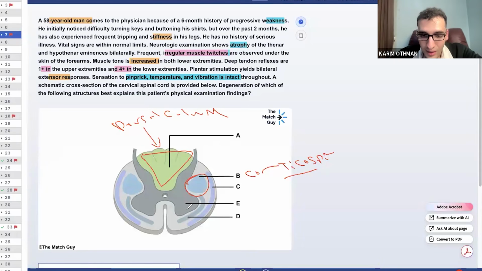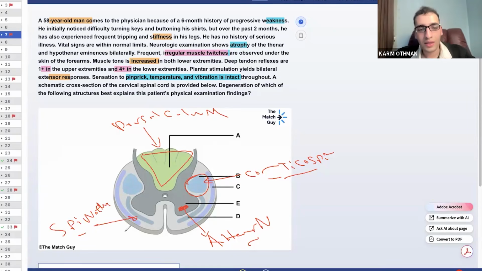And we know that that's the anterior horn. So that's the corticospinal, and that's the anterior horn. And we know that this is the spinothalamic. So the spinothalamic is here, the anterior horn is here, corticospinal here, dorsal column is here.